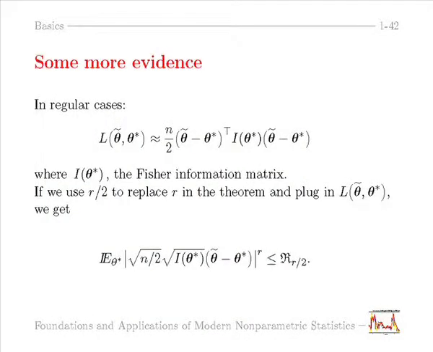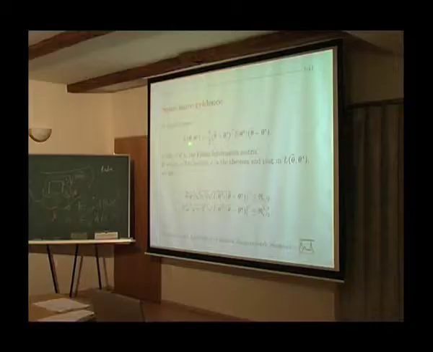Particularly, in the regular situation, you can make a kind of quadratic expansion of the likelihood. So you can derive the quadratic expansion of L(theta tilde, theta star) with respect to theta tilde, and the linear term will cancel because theta tilde is a point of maximum.